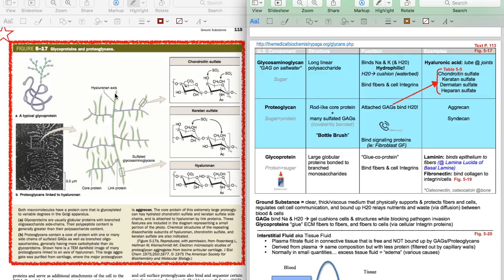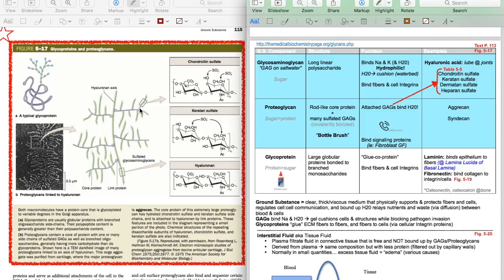Long chain of sugar. It's huge. And then this picture chooses to show proteoglycan complexes bound onto hyaluronic acid. So by itself, hyaluronic acid, or hyaluronan, or hyaluronate, all the same thing. Hyaluronic acid is just this huge, long sugar chain.